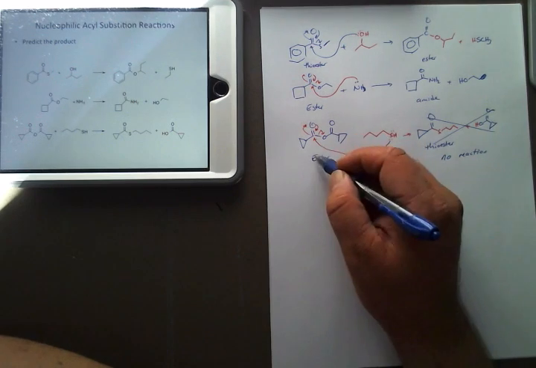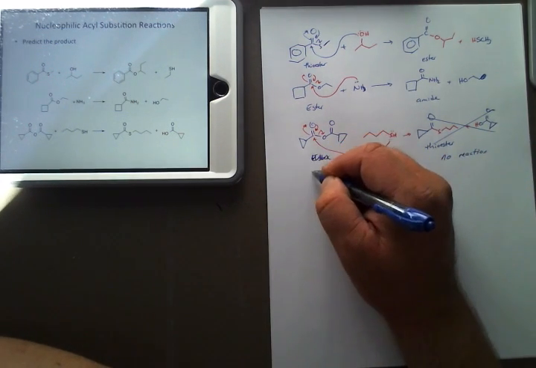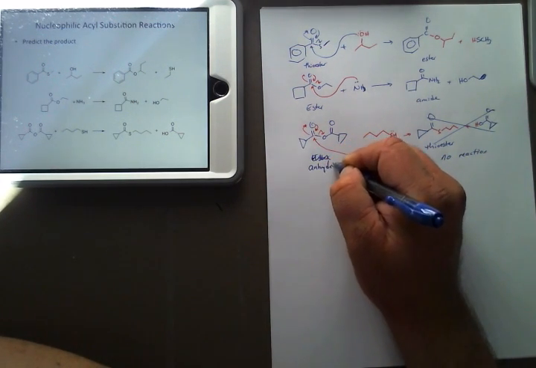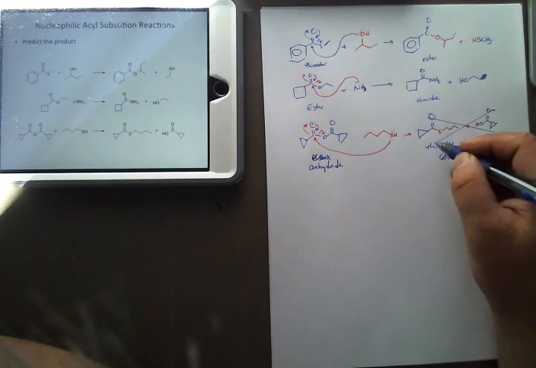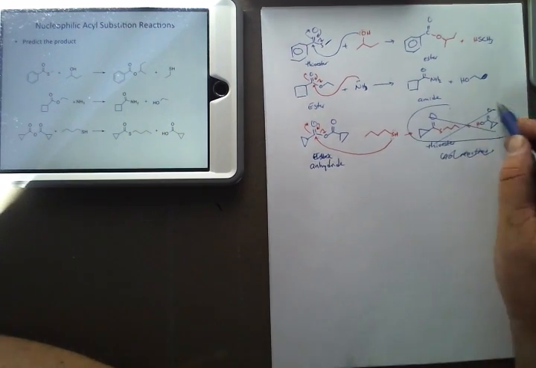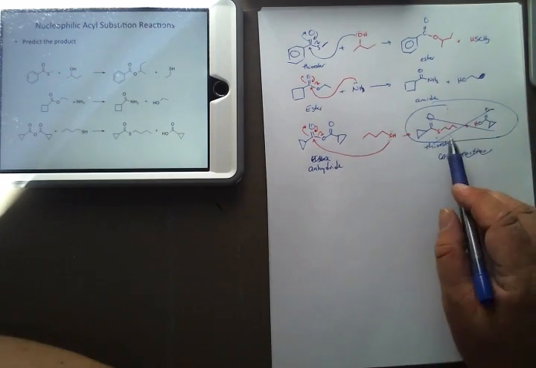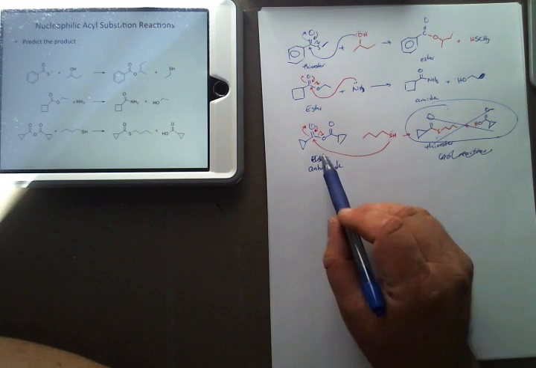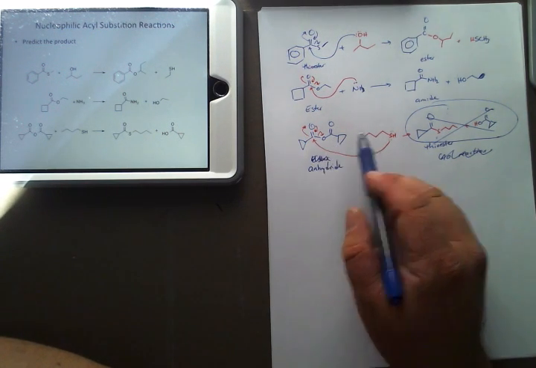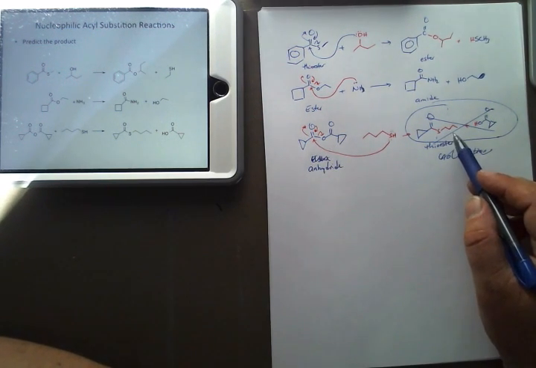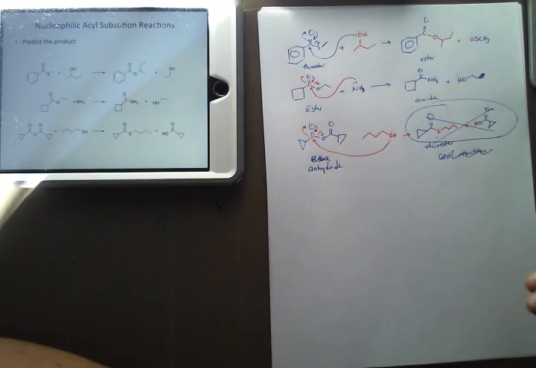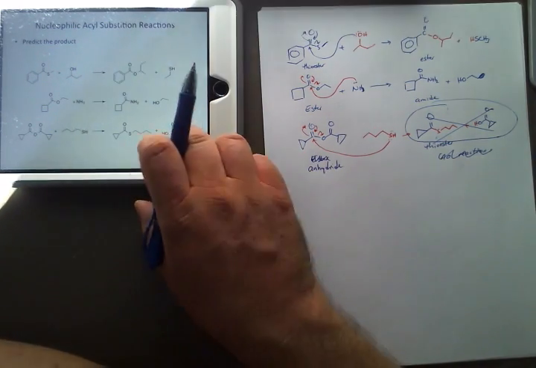Oh wait, no, I'm sorry. This is an ester, this is an anhydride. This is why it was right. So this does work. Sorry, that is it. It's been a long day. You're going from, I'm sorry, an anhydride to a thioester. That is fine. So, I knew that was right. So, we're good. Sorry about that.